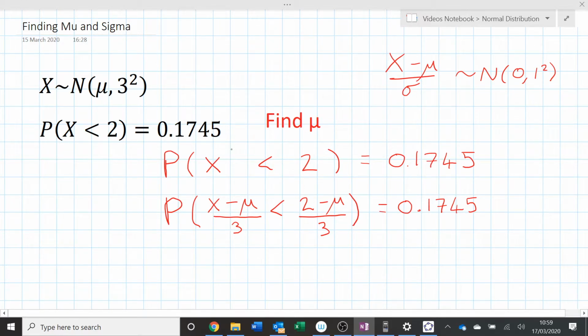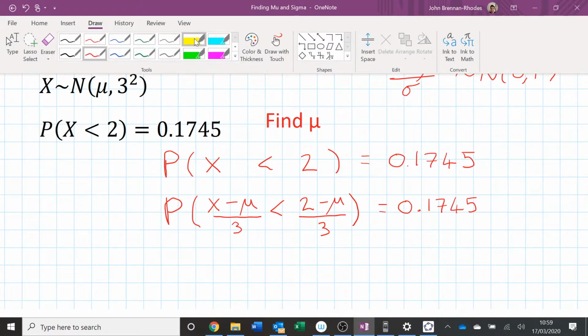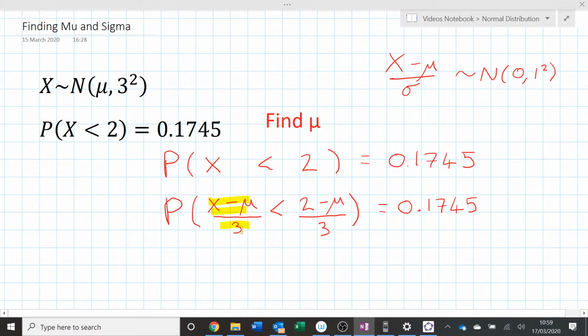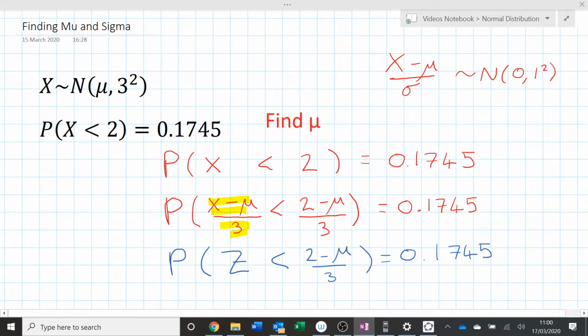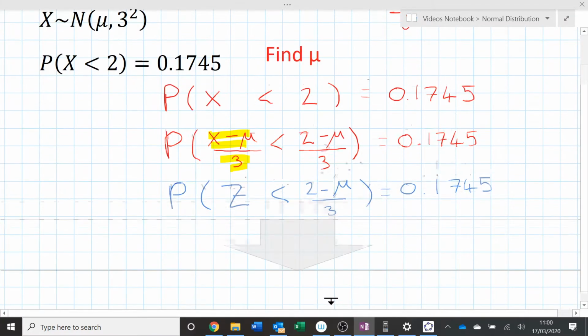Now this here becomes z. So this here is the standard normal distribution because of the fact that I was just using. So I can write that the probability of z being less than 2 minus mu over 3 is equal to 0.1745. Okay, so that all seems good, but you may still be asking what is the point in this, and this is where the point comes in.